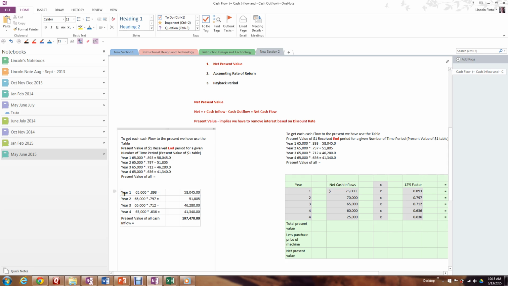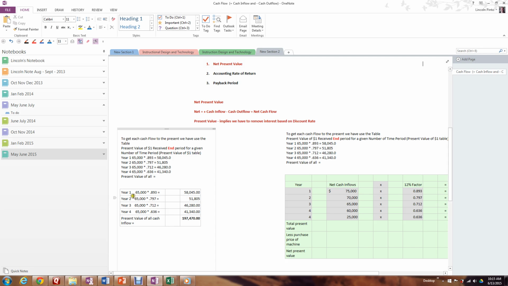That means year one has a certain factor, using a formula to come up with this amount, and each period has a particular amount, or what we call a factor, that your cash inflow gets multiplied by. Then these numbers here reflect the present value of these cash flows that are coming in the future.